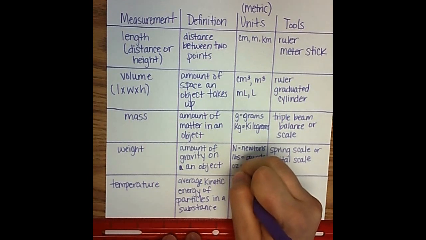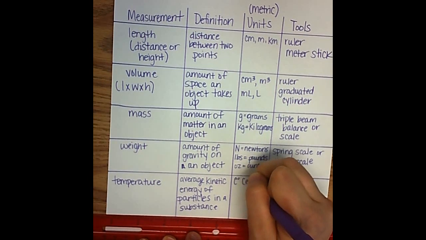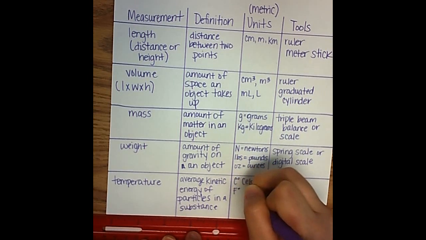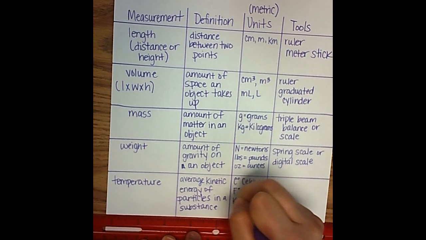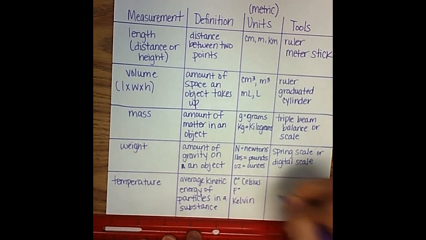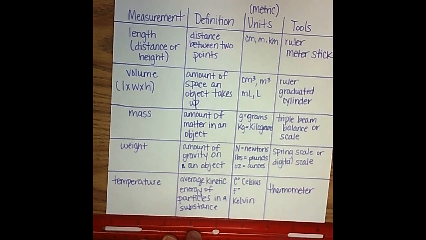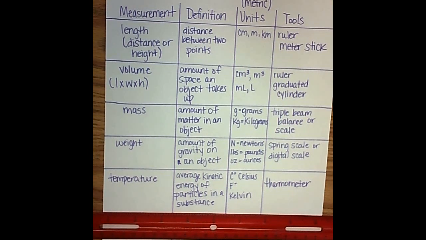We are going to use Celsius. We are going to use Fahrenheit. And we are going to use Kelvin. And the tool we use is a thermometer. Alright, so whenever you're thinking of your dependent variables, your dependent variable has to be measured in some way.